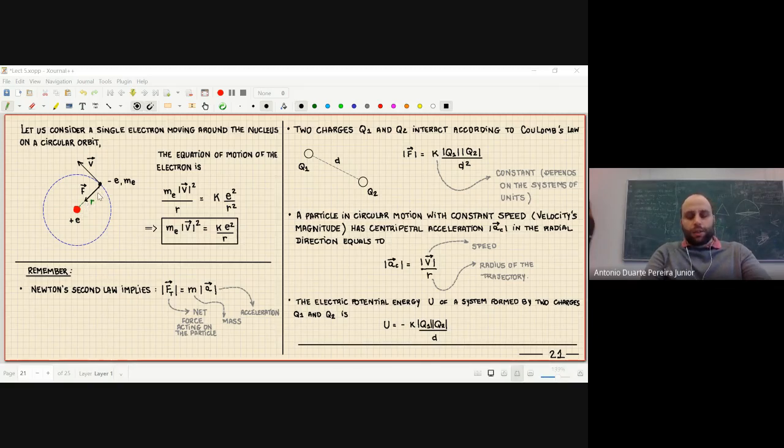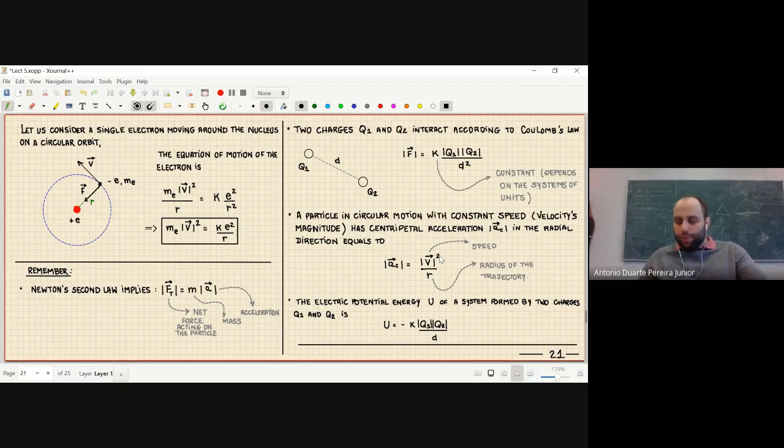This is called the centripetal acceleration, given by v squared over r.